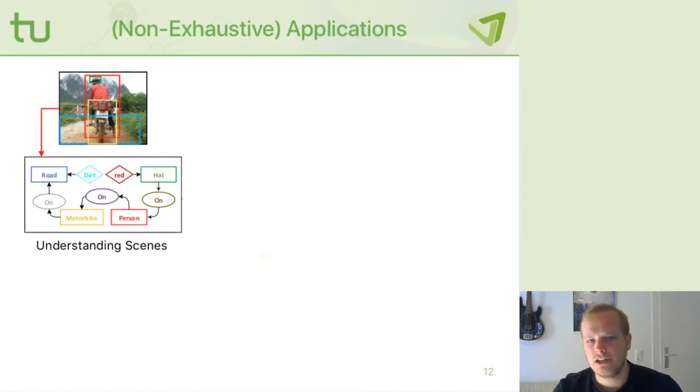Graph neural networks can also be used for visual scene understanding, where you know about objects in a scene and want to infer their relations. For example, one could ask whether a person sits on top of a motorbike, and graph neural networks are a good fit for that.